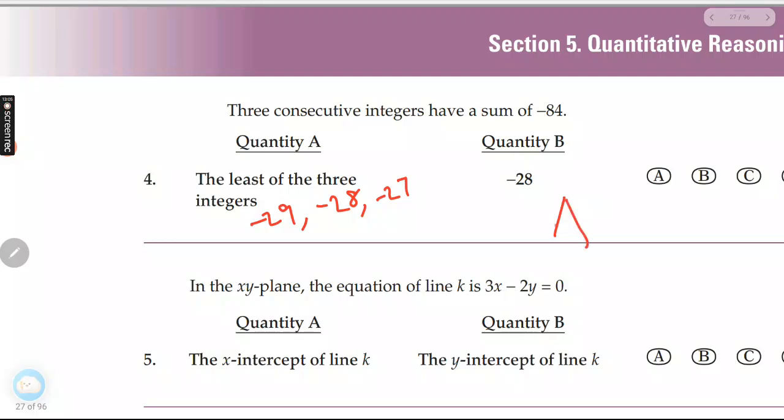Things you know are proven, and they form the basis of what you are doing. So you know clearly that minus 29 is less than minus 27. So quantity B is greater. So we put B here.